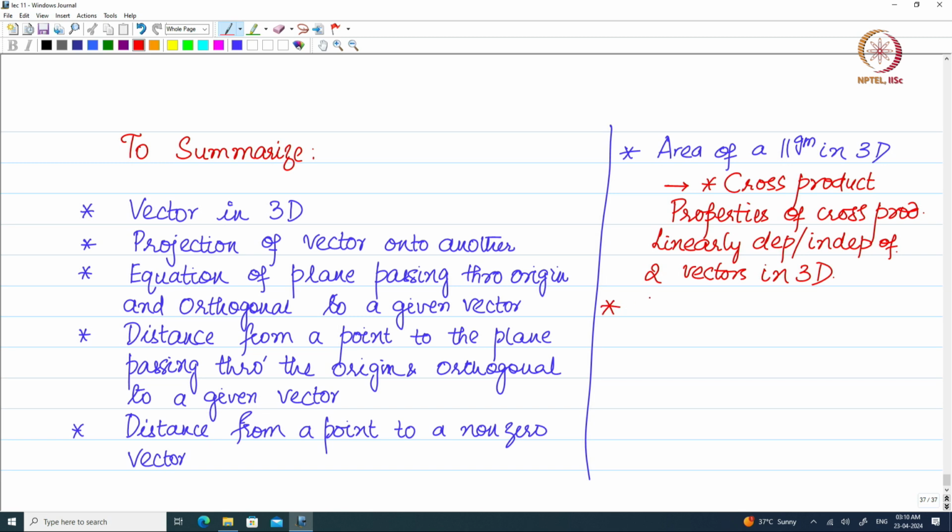Then we looked at the volume of a parallelepiped. We looked at the idea of skewed lines. We looked at the idea of intersection of a plane and a line.